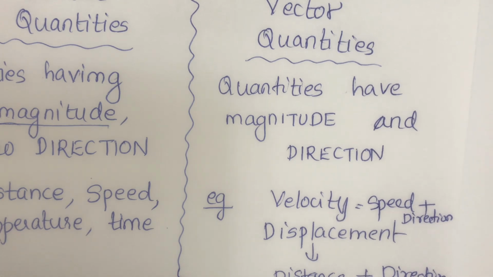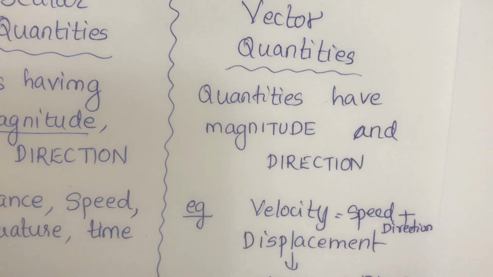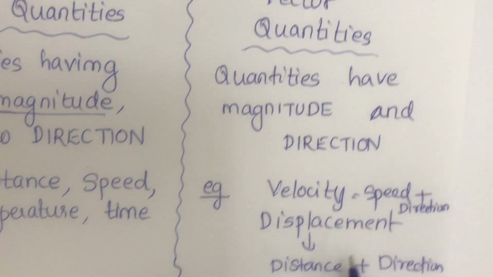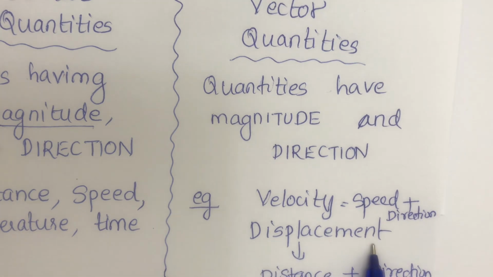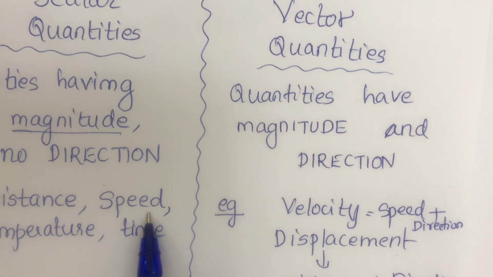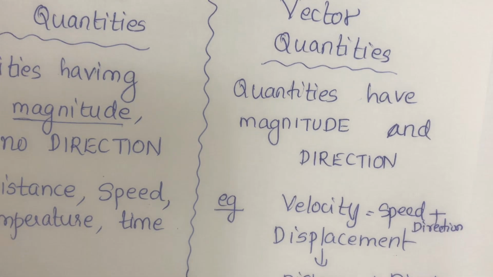The examples of scalar quantities are distance and speed, and of vector quantities velocity and displacement. So in scalar quantity we have distance, and in vector quantity we have displacement. In scalar quantity we have speed, and in the vector quantity we have velocity. Clear, right?